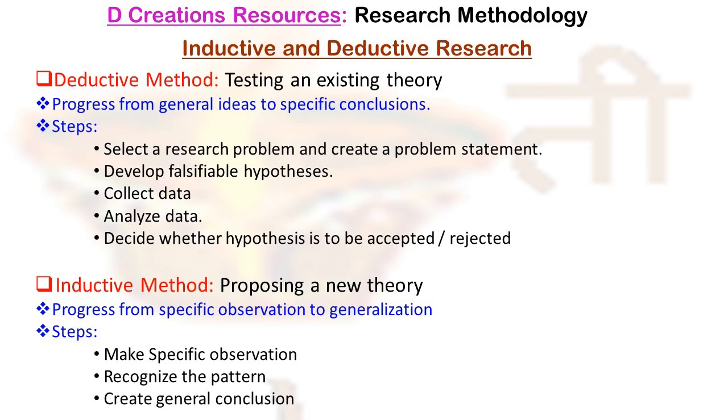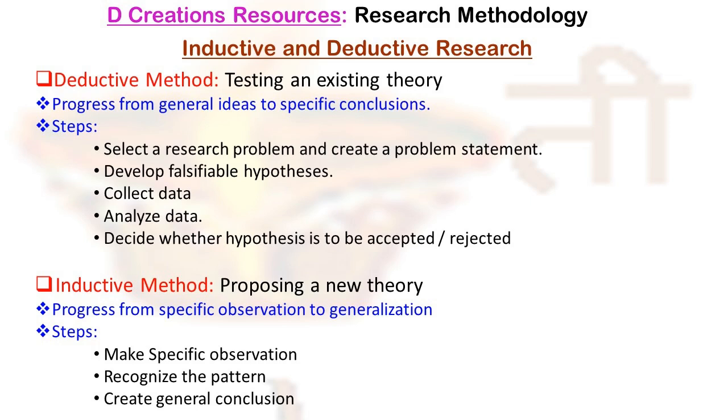Usually you see that scientists would have a mixture of both, or they'll combine inductive and deductive research, and this is always helpful. But if you wish to differentiate between inductive and deductive research, in inductive research, we are aiming to develop a theory, while in deductive research, we are aiming to test a theory.